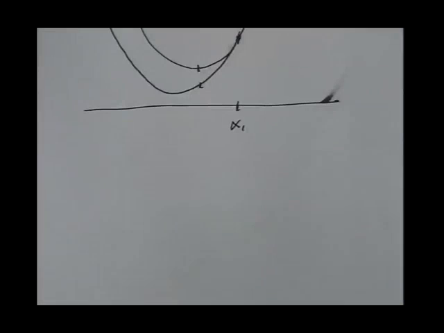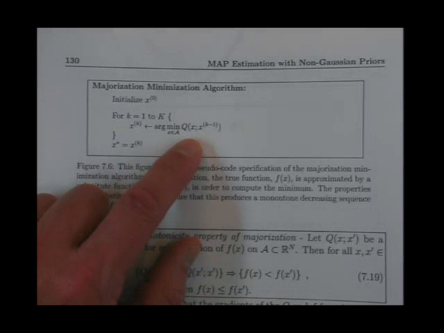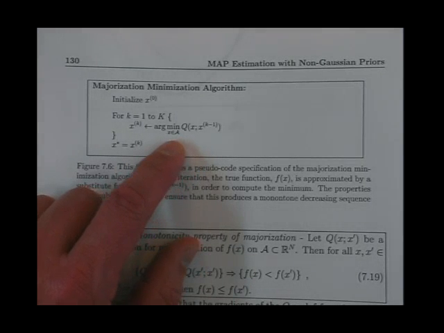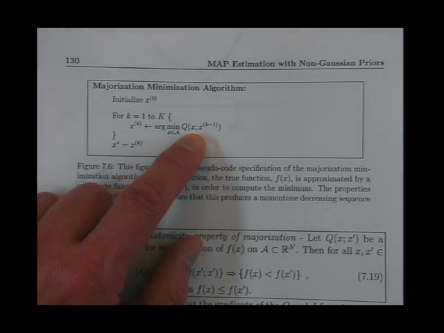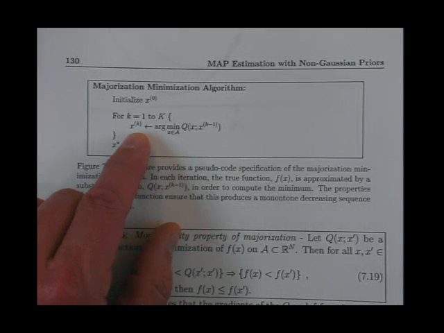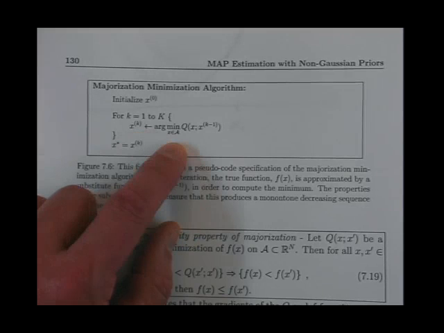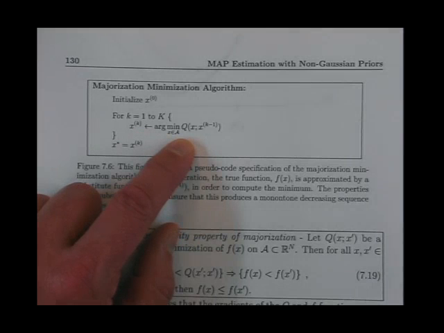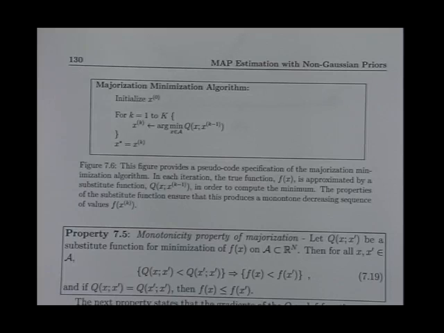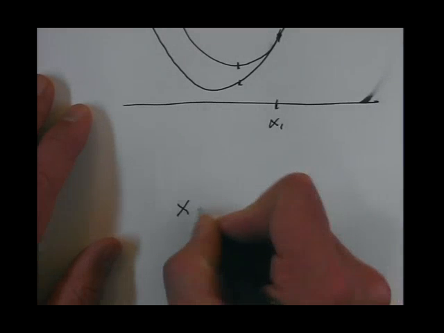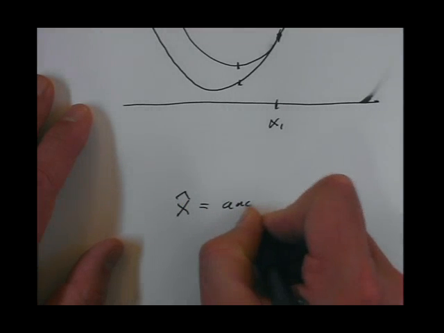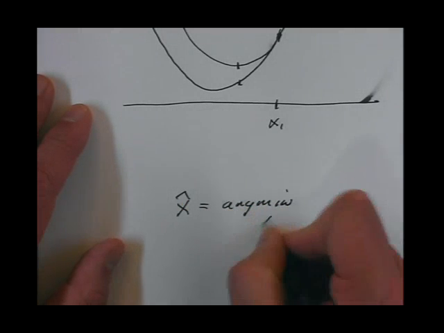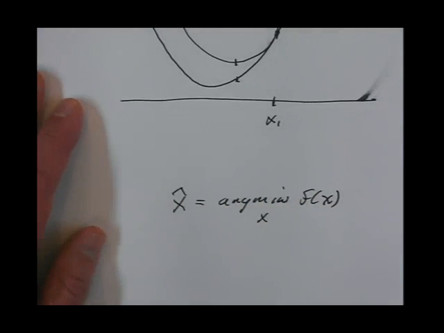Okay, and then there are some other relations here. Once you have a substitute function, you do iterative minimization of that substitute function. So what you do is you minimize with respect to x, and then you update x_k to be the new value of x, and you just repeat, okay? By the way, if you could solve x hat equals the argmin over x of f of x, then that would be easy and we'd be done.